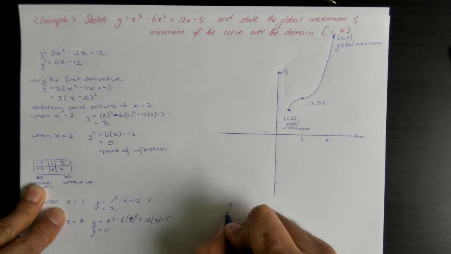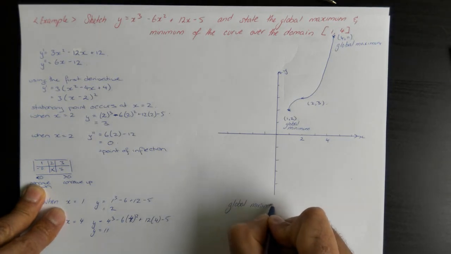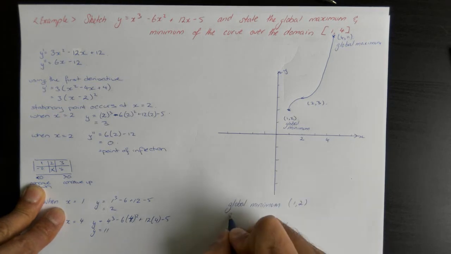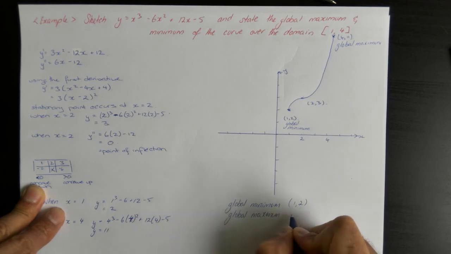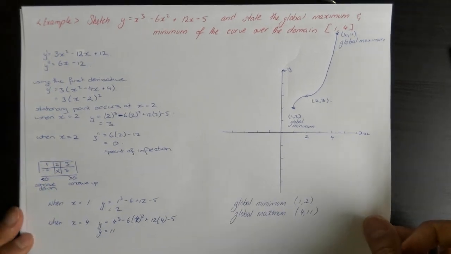So the global minimum occurs at 1, 2, and our global maximum occurs at 4, 11. Okay.